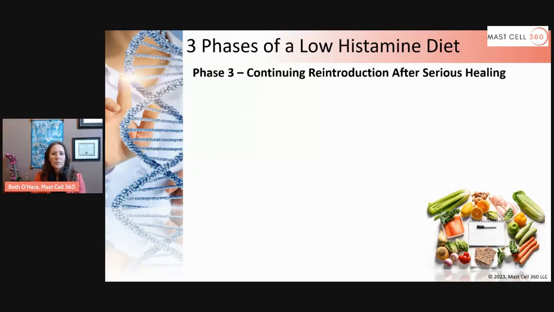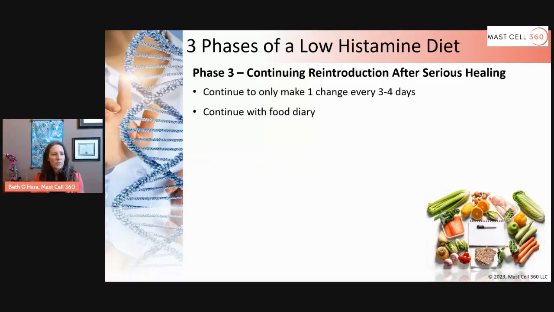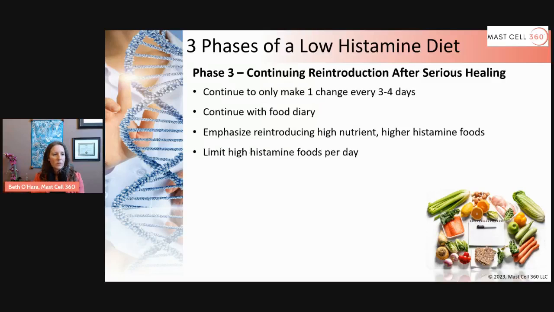Then, when you've had some serious healing and you're ready to go gung-ho, you keep giving yourself every 3 to 4 days for a change to make sure it's working. Continue with the food diary. Bring in those high nutrient, high histamine foods, but don't have too many high histamine foods per day. So even though I'm able to eat so many more things, you saw my higher histamine breakfast or brunch.